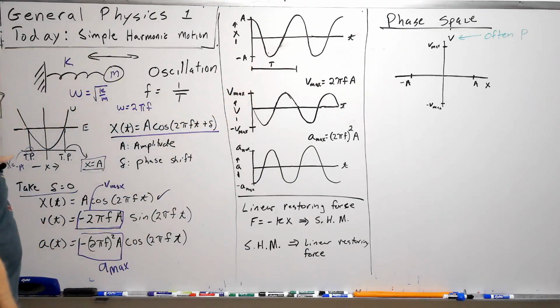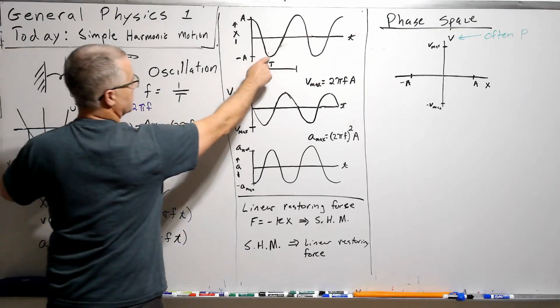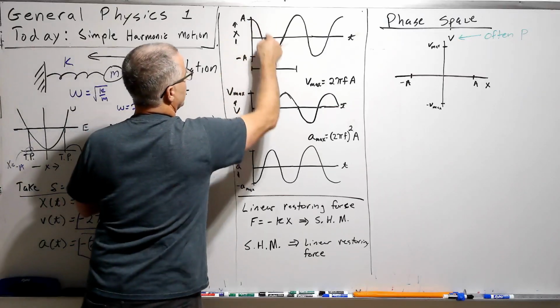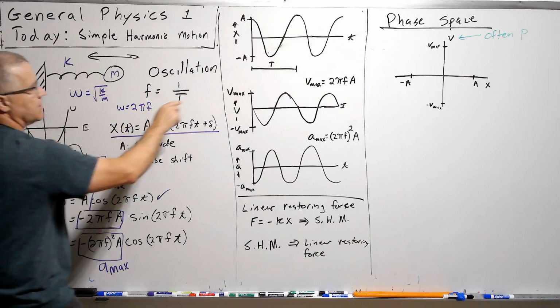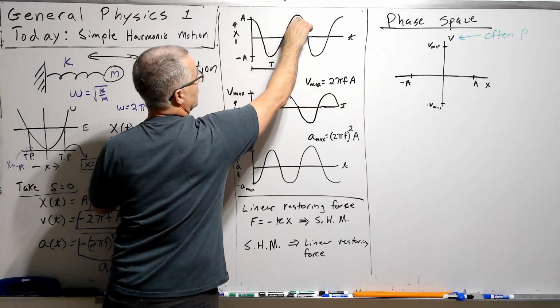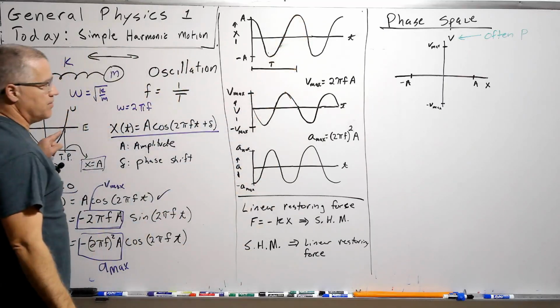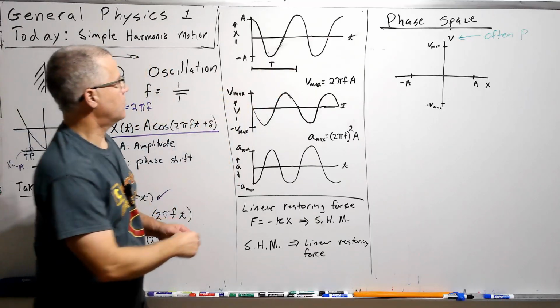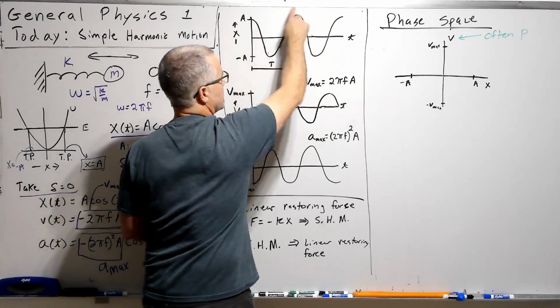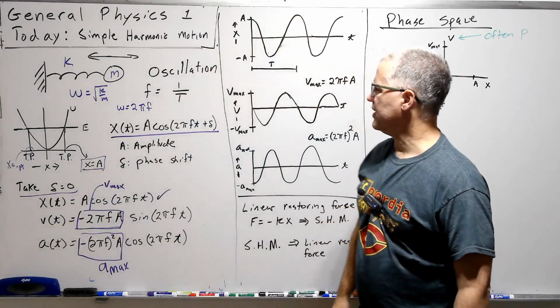Now we're at the negative amplitude right here. So from here to here is half a cycle. Then we stop and we turn around and come back, and now we're back to where we began. So that defines the period of this. So the time from peak to peak is the period here.